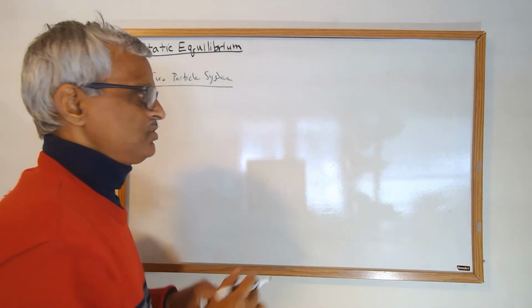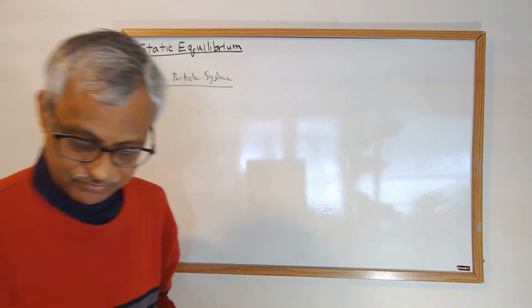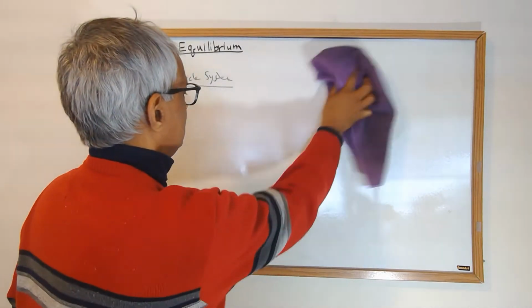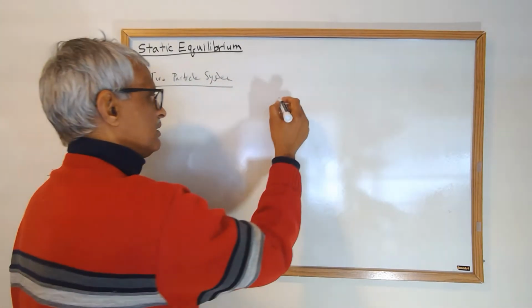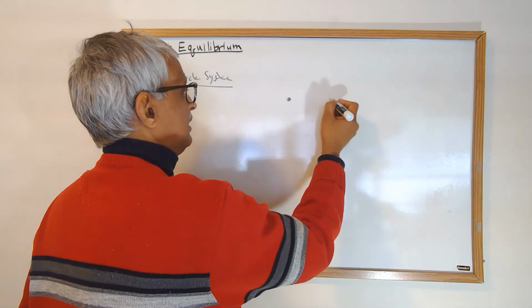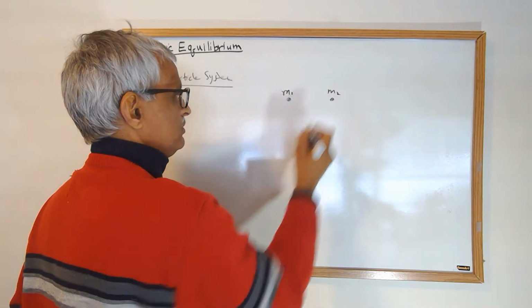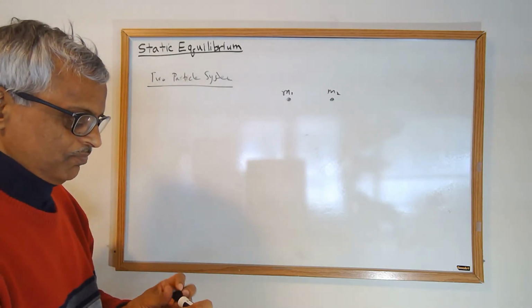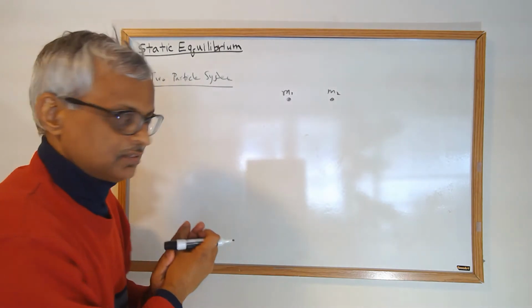Imagine I have a particle here and another particle here, so this is, say, M1 and M2. This may be two people, for instance, and I'm thinking of them as particles.